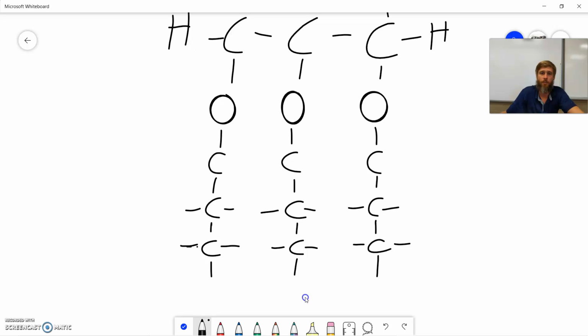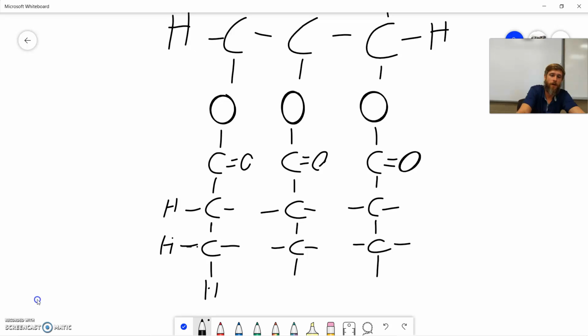All right, something really important about here is that we're not going to have hydrogens that fill in the beginnings of these chains. It's actually going to be a double bond to an oxygen. Okay. Now the rest of these spaces are filled in with hydrogens. Hydrogen's just going to come in and fill in all the gaps. It's all a little too scrunched together, so make sure that you give yourself enough space.